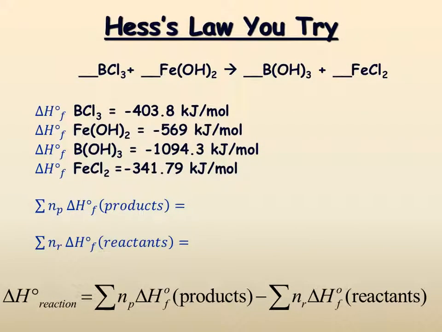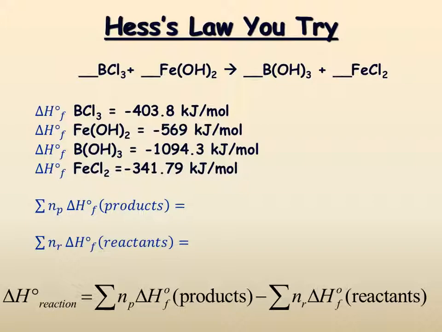Okay, so what I want you to do is try this one. First, make sure you balance your equation. Okay, and then here are your heats of formation. And this one is set up so that you can do the simplified way: just sum up your product heats of formation, your reactant heats of formation, and then it's products minus reactants.